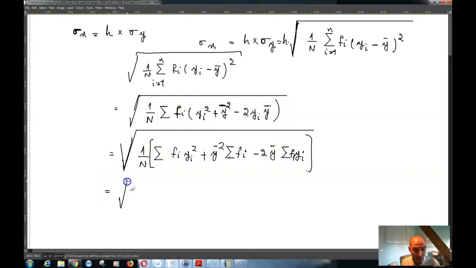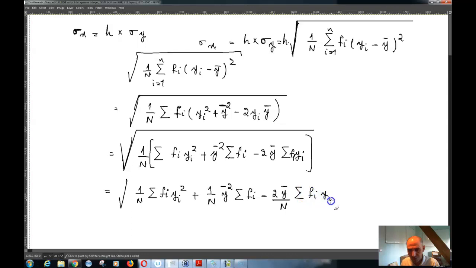Now what you can do is write the square root of 1 over n sigma of f of i y of i squared plus 1 over n y bar squared times sigma of f of i. And then over here I can write negative 2 times y bar divided by n, times sigma of f of i y of i.